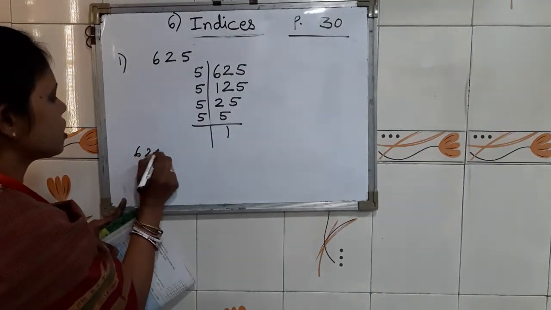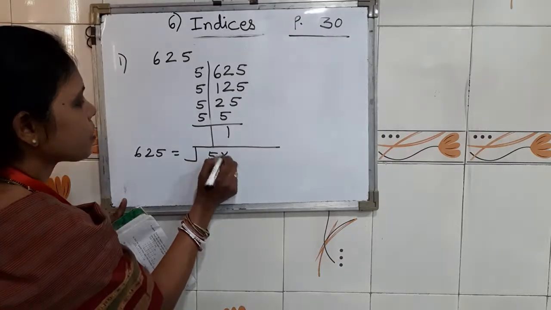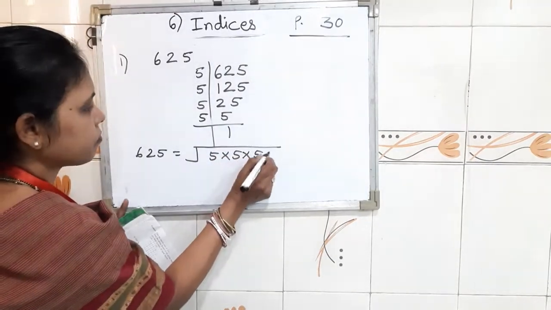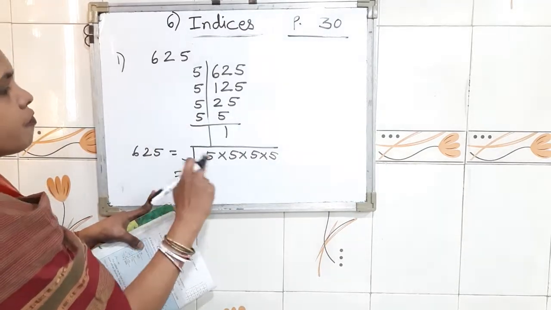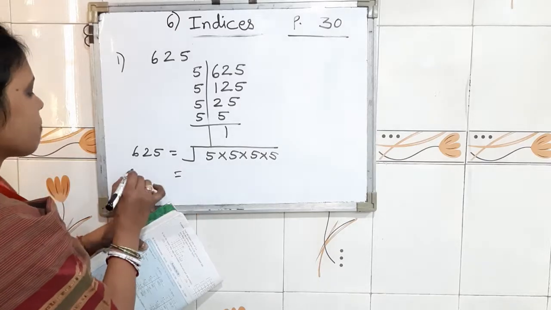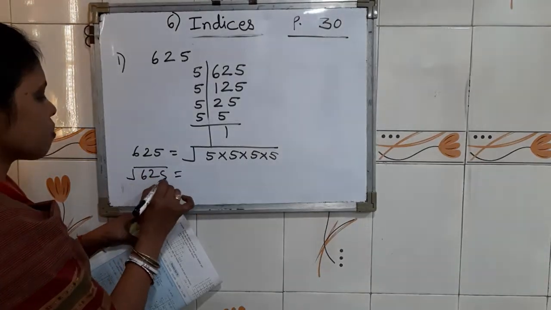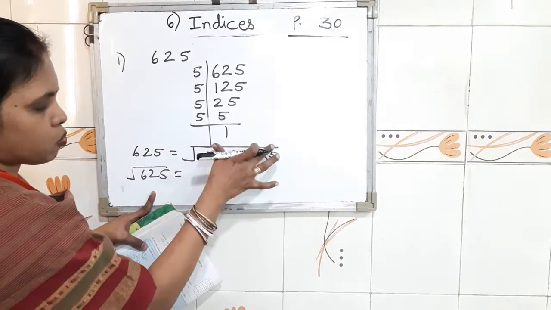Write down for 625 the numbers you got. Then 1 2 3 4, 4 times you got 5. We had written it. After that the square root of 625 equals, here all the numbers are in square.